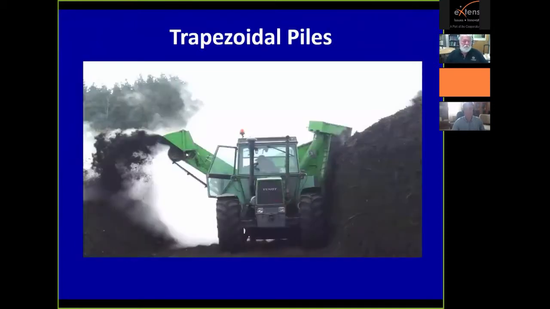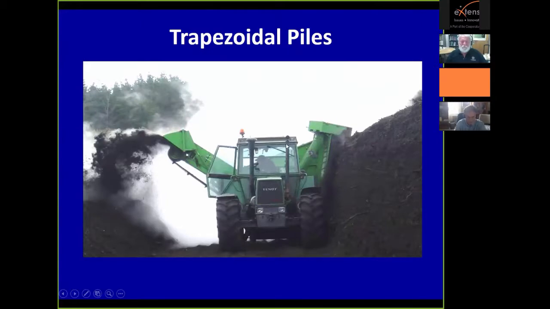And these piles are turned by a machine that looks like this. It travels down this side here. Literally, it has a vertical auger that shaves off about anywhere from 8 to 12 inches of the pile, transfers it to the discharge conveyor, and discharges it over here.